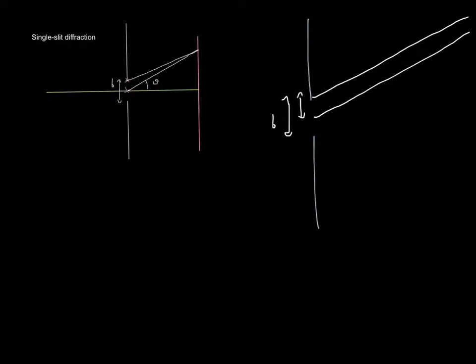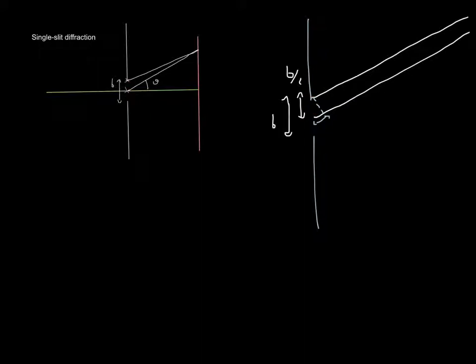This is b halves, and then again I make a perpendicular from here to here, and this little part here is the path difference. So I make this perpendicular here, and this here is the path difference, and of course this here, which is b halves, is the hypotenuse.